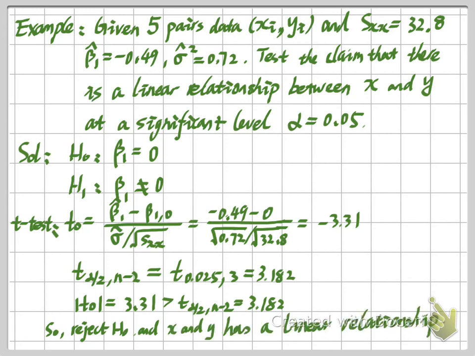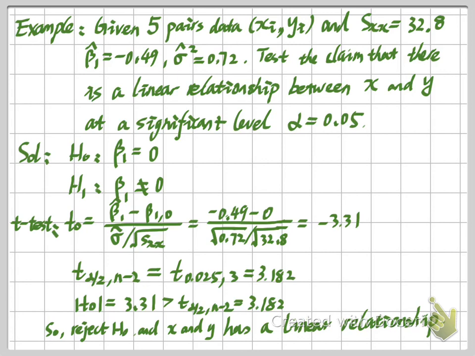This is the result for this question. We prove that we should reject our null hypothesis that beta 1 equals 0, so we can conclude that x and y have some linear relationship. This is how we can do a hypothesis test for beta 1.